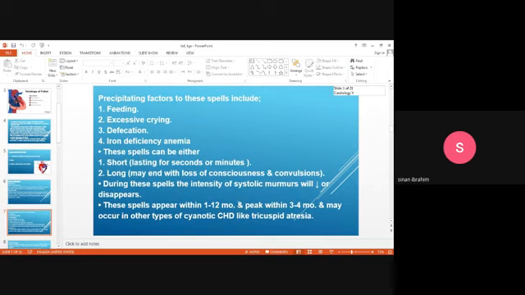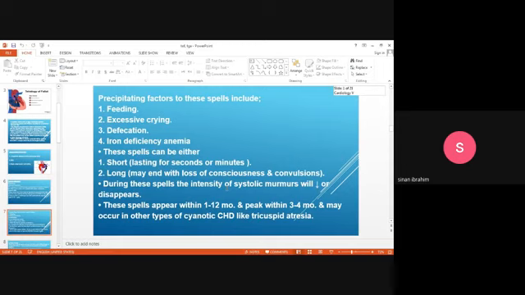How do we diagnose it? As we said, these attacks are associated with shortness of breath, severe cyanosis, excessive crying, irritability, and decreased feeding. When we examine the patient and put the stethoscope on the chest, we see disappearance or decrease of the systolic murmur of the pulmonary stenosis, because of severe stenosis during these spells, so the murmur will disappear.